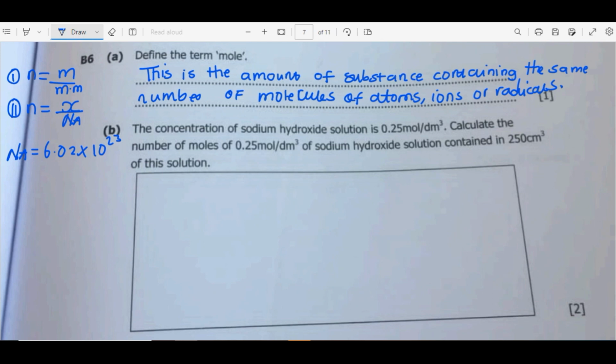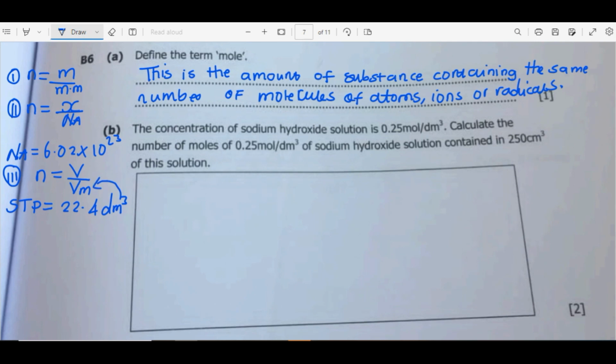It's very important. The third formula that we can use to find the number of moles is this one, where we are given the volume of a gas divided by the molar volume. So for molar volume, if the question says under STP, the molar volume is 22.4 decimeter cubed. That is the number you need to substitute for Vm.